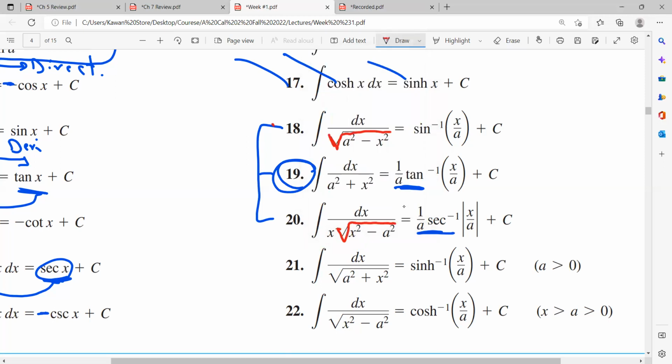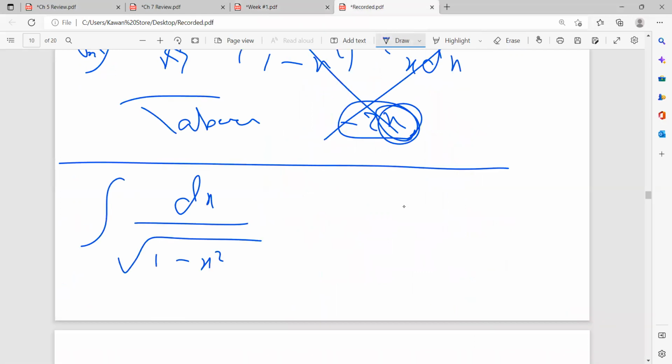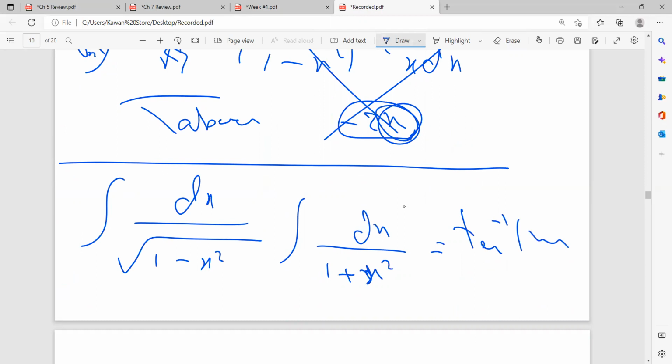For sine, nothing. For secant, we have an x outside the square root. So we can distinguish easily, right? If it's without a square root, I directly see it is equal to what? The tan inverse formula, right? Because we don't have a square root.